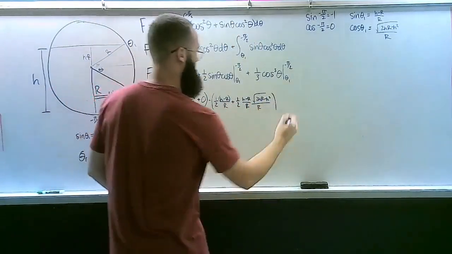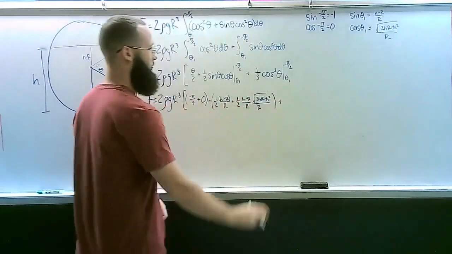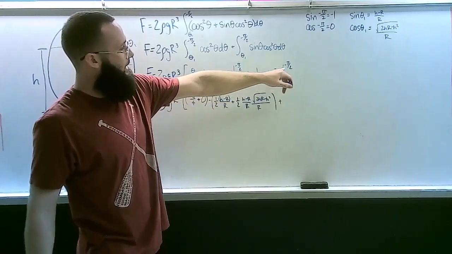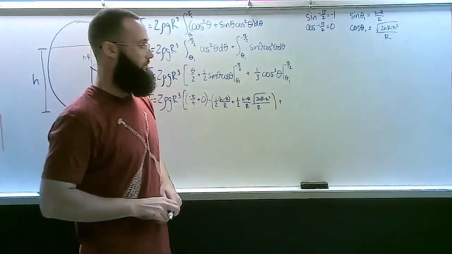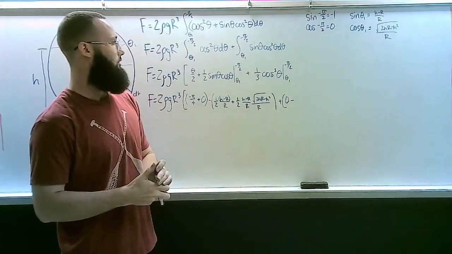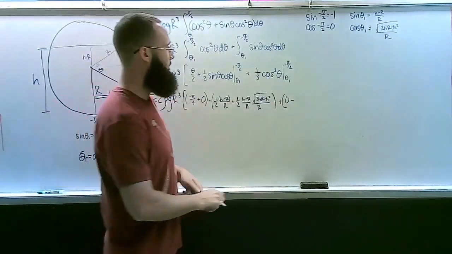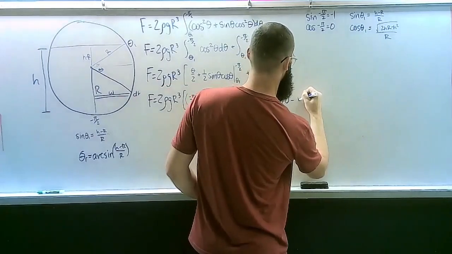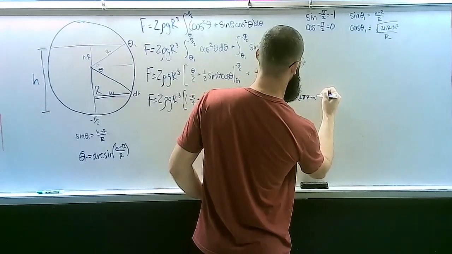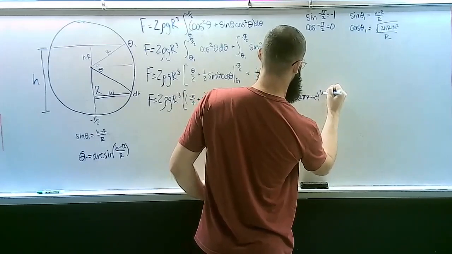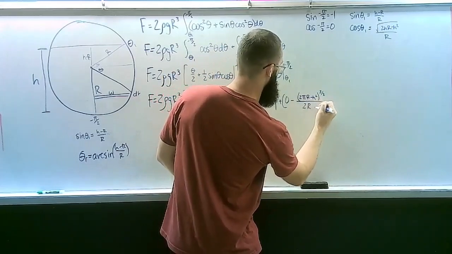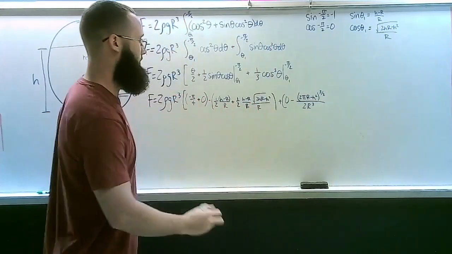And then to this, we're going to add 1/3 of cosine cubed theta. Cosine cubed at negative pi over 2 is still going to be 0. And from that, we subtract cosine cubed at theta 1, which is going to be (2hr minus h squared) to the 3/2 power, all over 3r cubed.